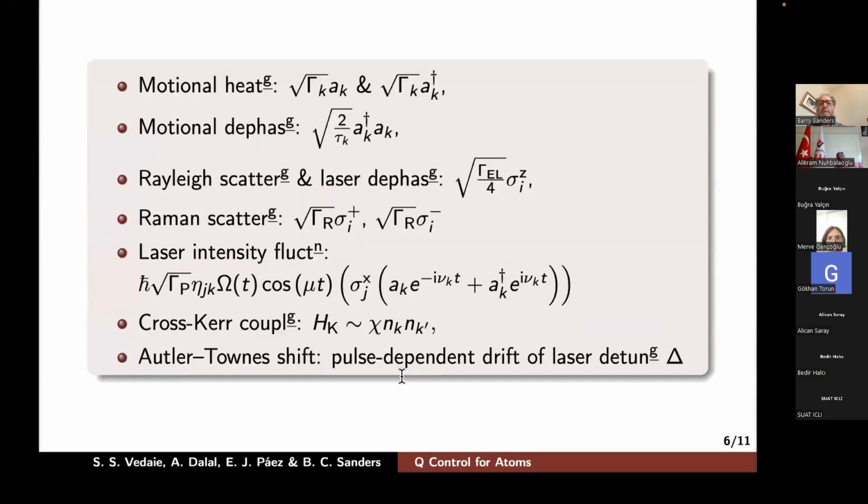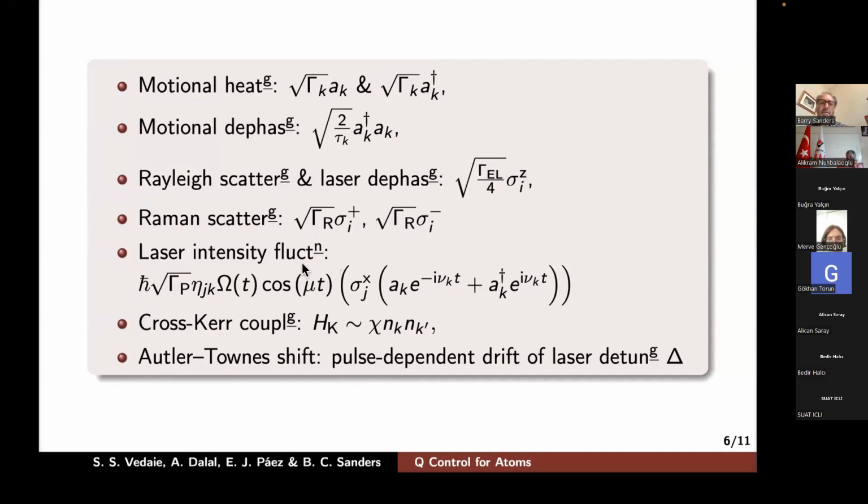Okay, when we incorporate the master equation, we put in what are called Lindblad terms, jump operators for motional heating. So this heats up the kth mode, dephasing due to motion. I mentioned the scattering of photons. We have Rayleigh scattering and laser dephasing that couples in via the sigma z.